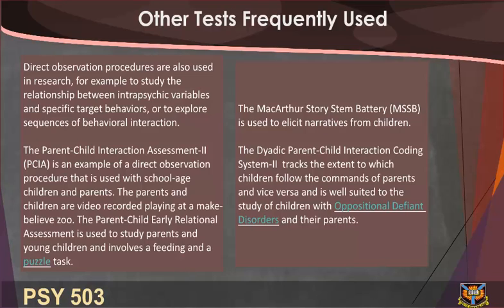The MacArthur Story Stem Battery (MSSB) is used to elicit narratives from children. The Dyadic Parent-Child Interaction Coding System tracks the extent to which children follow the commands of parents and vice versa, and is well suited to the study of children with oppositional defiant disorders and their parents.